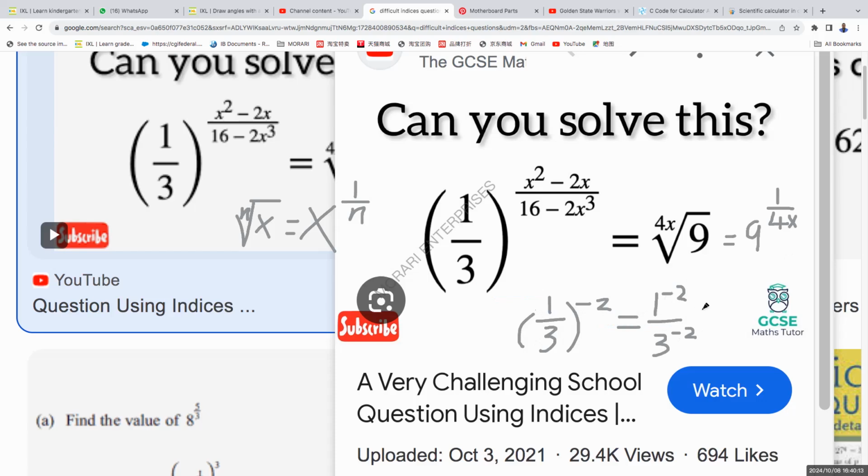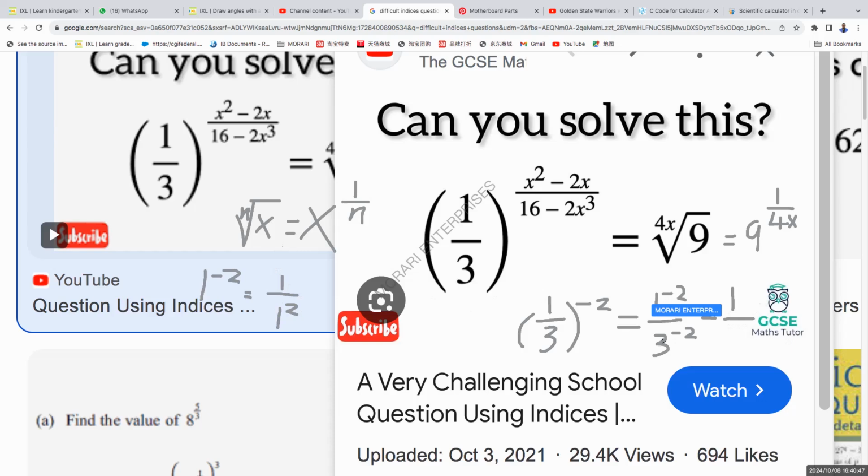Now 1 to the power -2 is just 1, because 1 to the power -2 is equal to 1 over 1 to the power +2. Is that not how we do with negative? We put 1 over, and then we put it in the bottom here. And 1 to the power +2 is still 1, and 1 divided by 1 will still be 1.